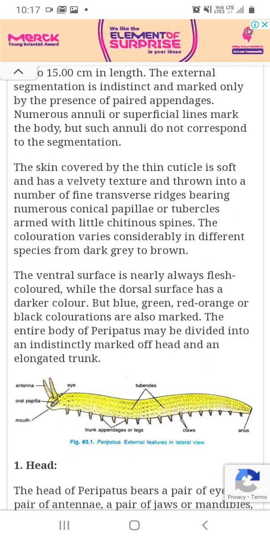The coloration varies in different species from gray, brown, yellow, red, orange, etc.